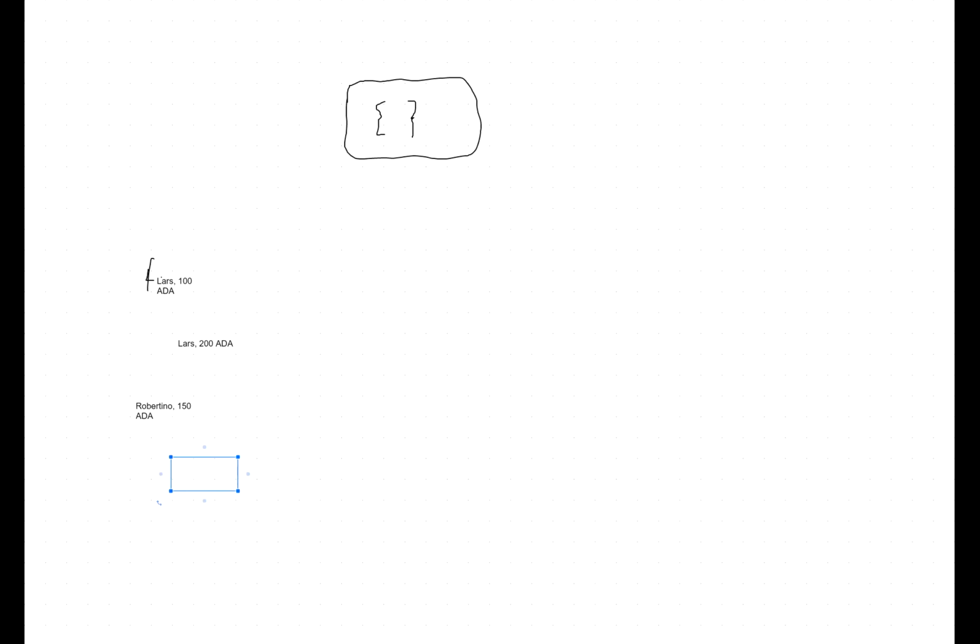So those are our contributions. Now there's some bot, and if I understand Robertino correctly, the bot wants to use some money. So we could pick some of the UTXOs, for example these two. We would create a transaction where these two are inputs, but also this one. And in my idea, that's then an output.